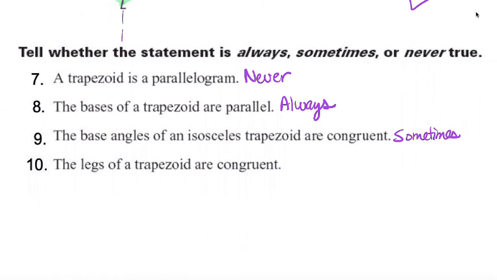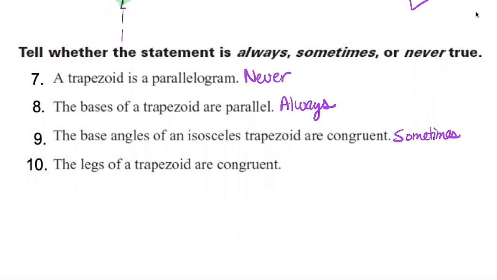If you're talking about on the same base, then yes. But base angles in general, we need a little bit more detail to know this one for sure. That's why it's sometimes, because they might be talking about two that match, or they might be trying to confuse you and be talking about base angles along different bases.